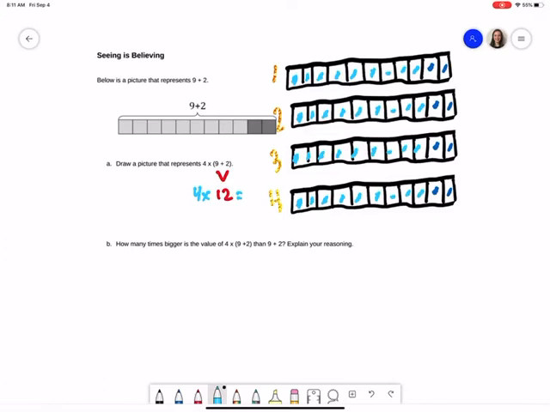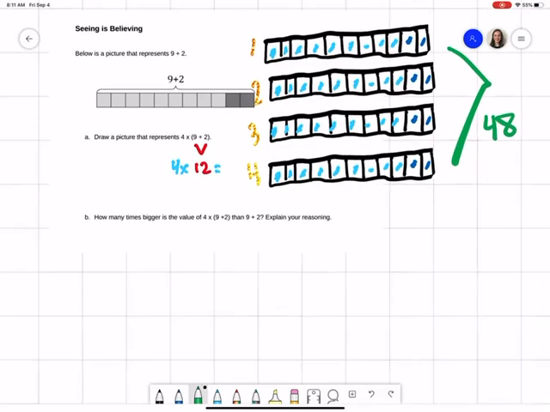Take a moment and decide what is 4 times 12. All right, hopefully you have an answer. 4 times 12 is 48, okay, and that's represented here. So if we were to count up all those boxes, there would be 48 boxes.